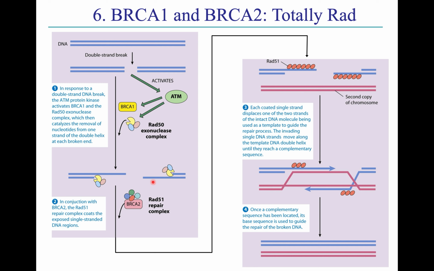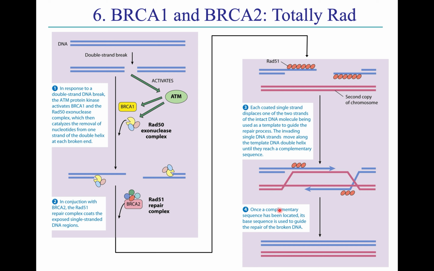And then that's going to open the door for the RAD51 repair complex with BRCA2. This will come in, and the RAD51 will coat those single-strand overhangs. I don't want to get bogged down in the details here, but basically we're going to be able to use those overhangs to repair the double-strand break. Okay? So BRCA2 is critical for that process in some way.